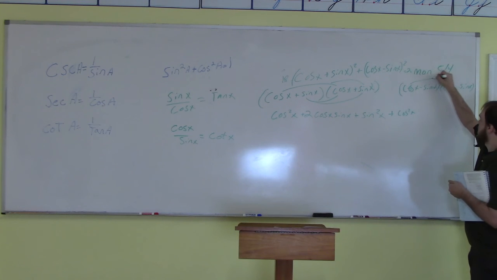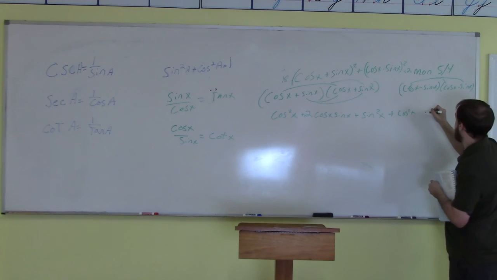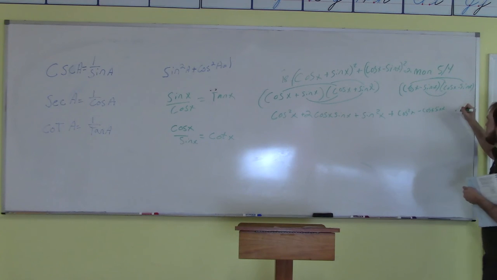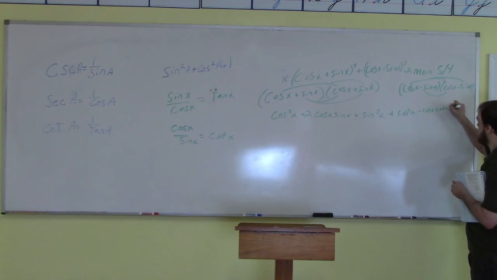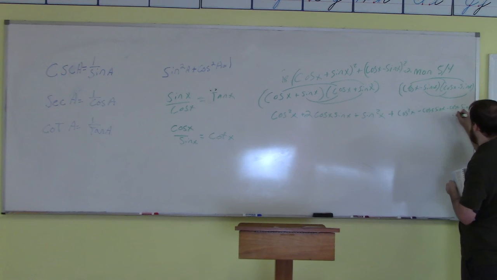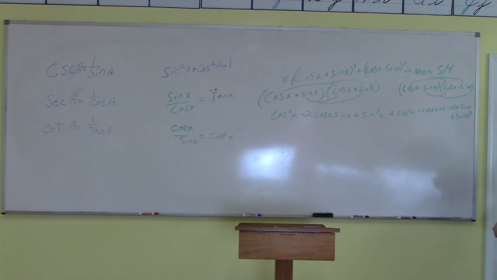Then I have cosine times negative sine, which would be a negative cosine of x, sine of x. Then I have a negative sine times a positive cosine, which would be negative cosine of x, sine of x. And then I have a negative sine of x times a negative sine of x, which will be a plus sine of x squared. So again, this is just straight FOILing.